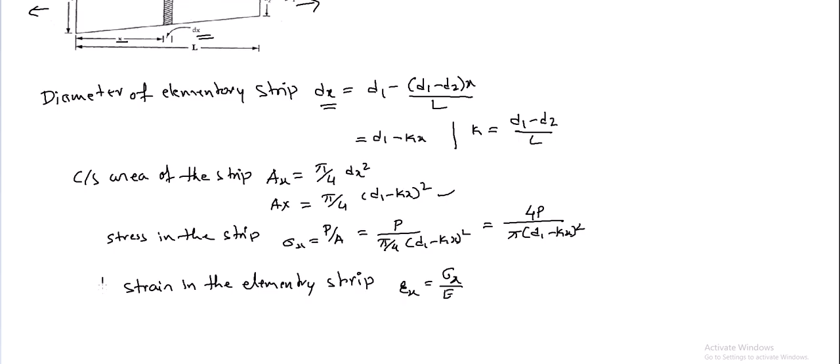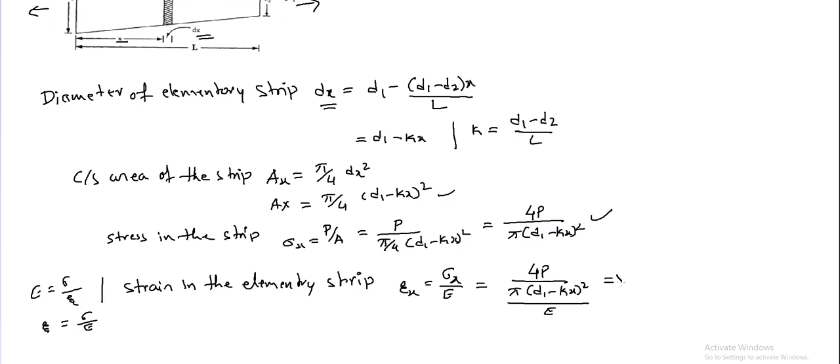Using Young's modulus equal to stress by strain, the basic equation, rewriting in the form of strain, I can write stress by Young's modulus. So that is what I have written here: strain equal to sigma x by E. Sigma x is the stress we got, so 4P divided by pi D1 minus kx whole square, all divided by E.